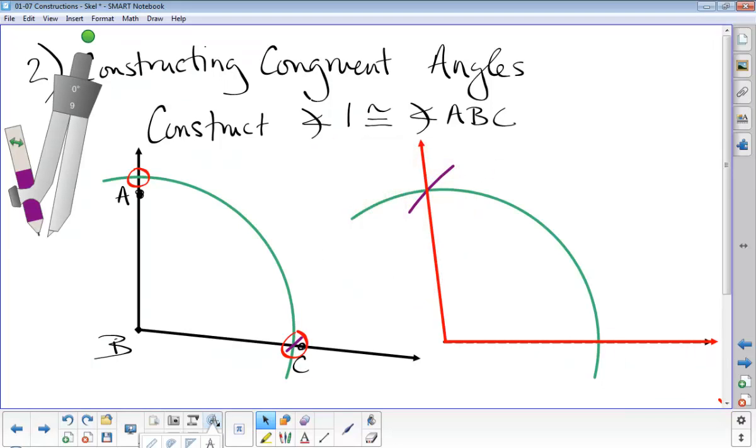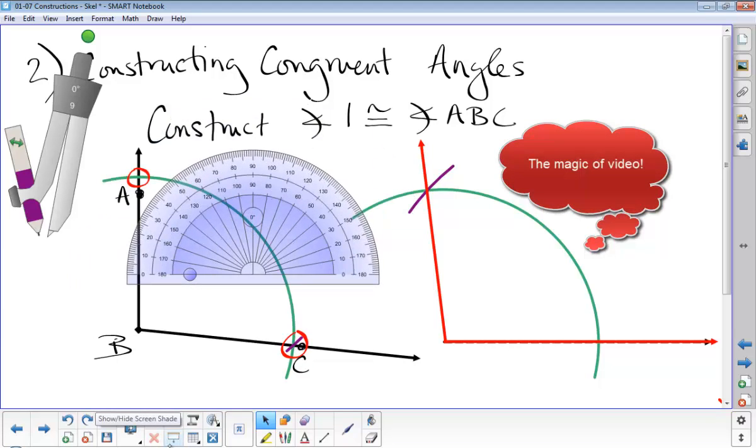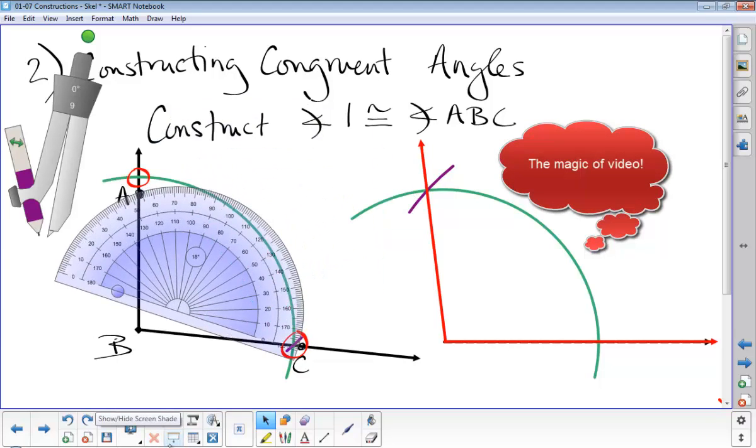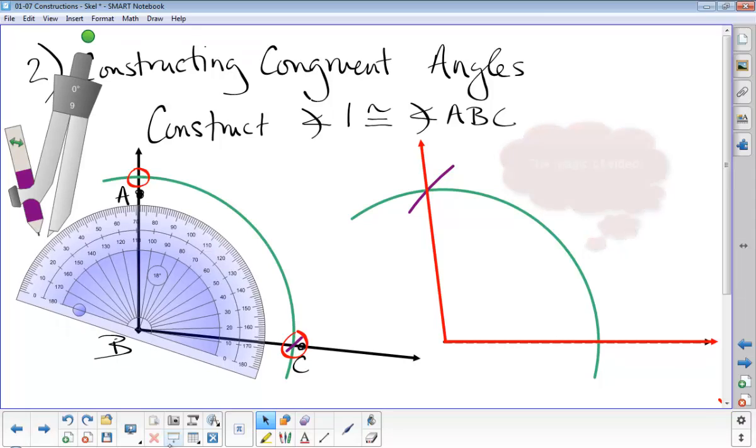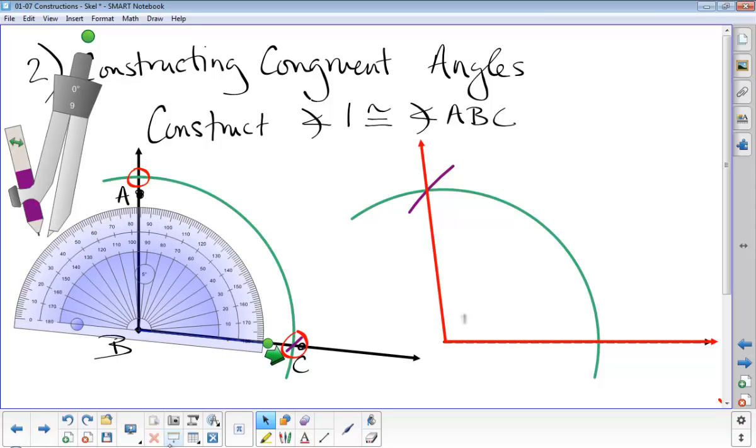We can check that by breaking out our protractor. Our original angle was about 96 degrees.